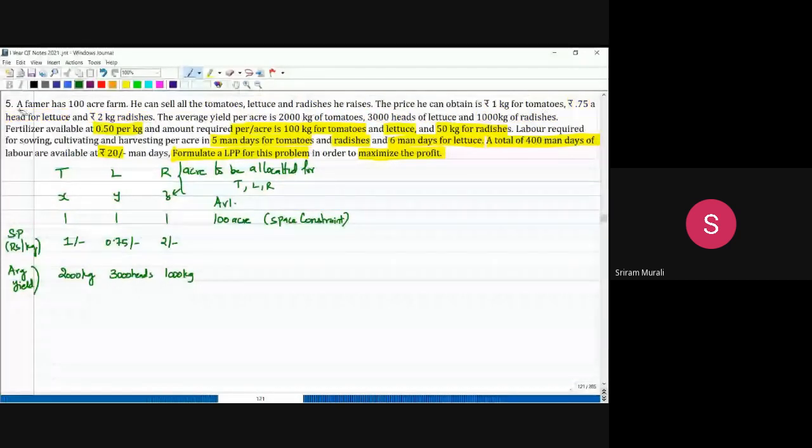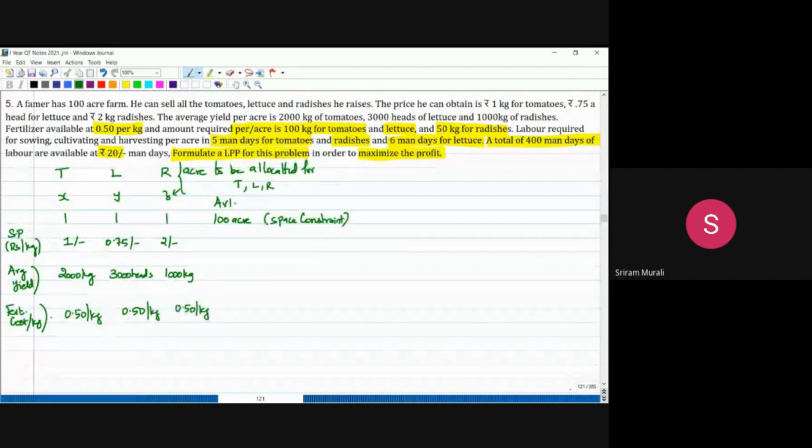The next sentence is fertilizer cost. Irrespective of all the three, it is 0.5 per kg. How many kg are required for tomato? Fertilizer required for tomato is 100 kg, so for 100 kg it is 100 into 0.5. Likewise for lettuce it is also 100 as per the sentence, and the last one is 50 kg.